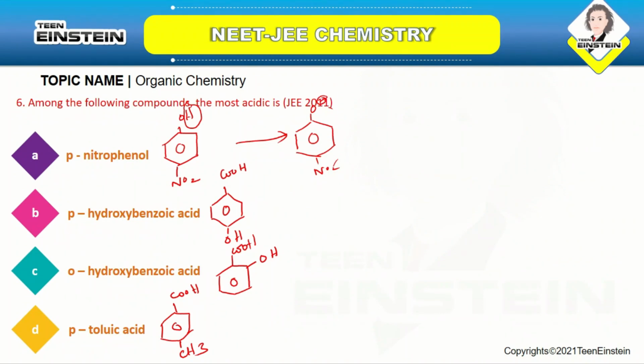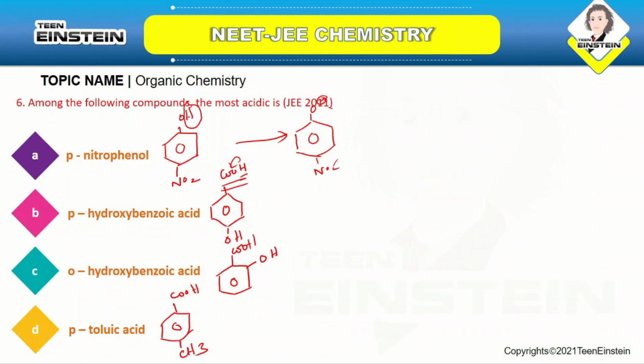Next come to the acid group. Here also hydrogen is attached to the oxygen of the hydroxy group, but para-hydroxybenzoic acid is itself an acidic group. So the hydrogen is released from the more acidic hydrogen, that is from the carboxylic acid group.